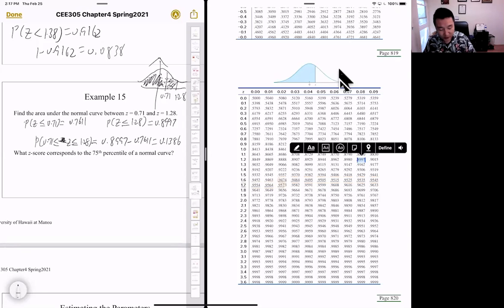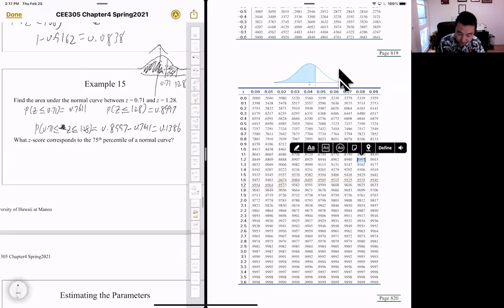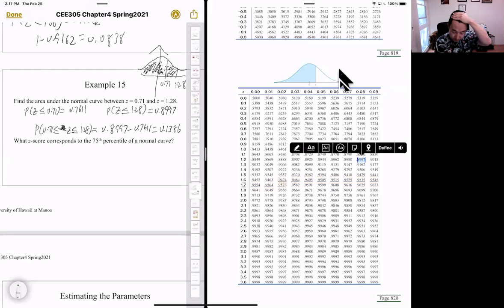Basically, there are three kinds of situations: less than a certain value, larger than a certain value, or in between two values. The normal distribution is very important.